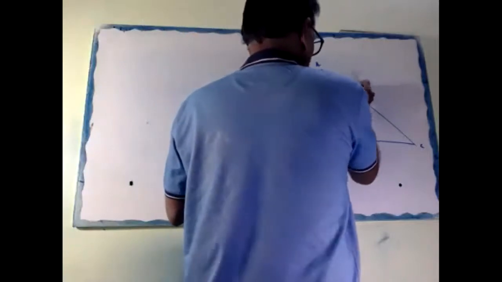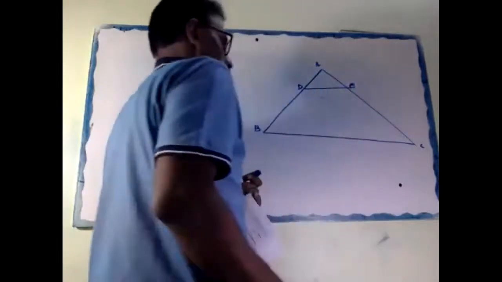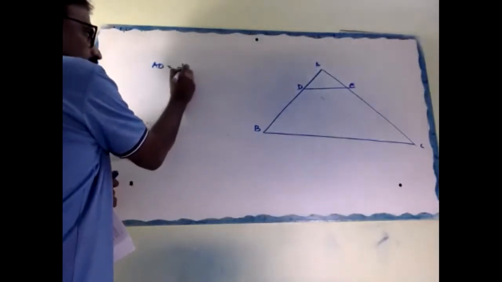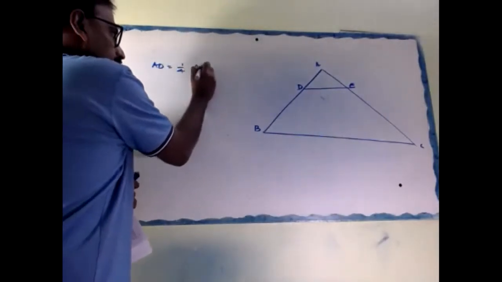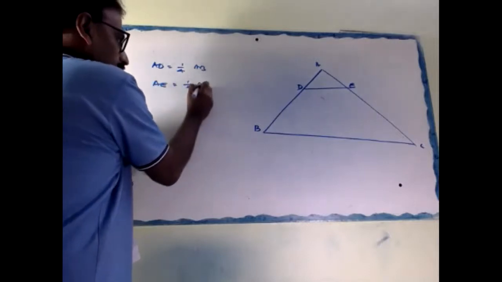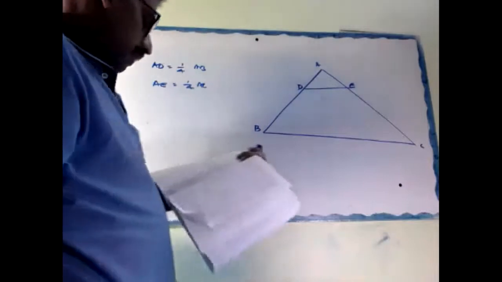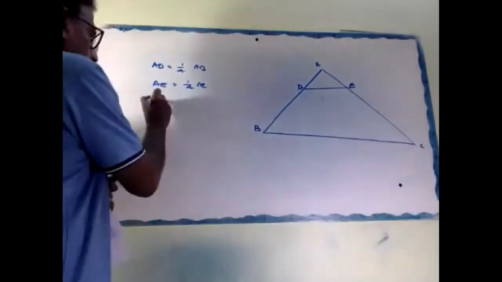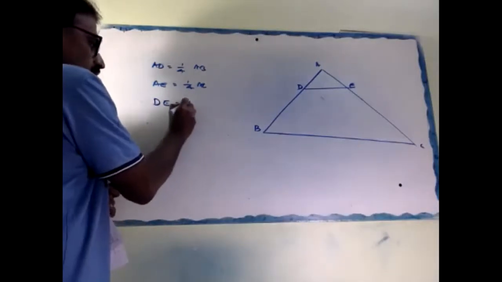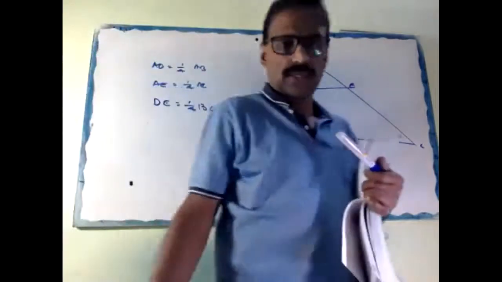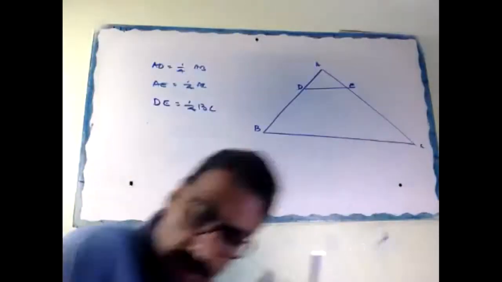AD equal to 1 by 4 AB. AE equal to 1 by 4 AC. Prove that DE equal to 1 by 4 BC.